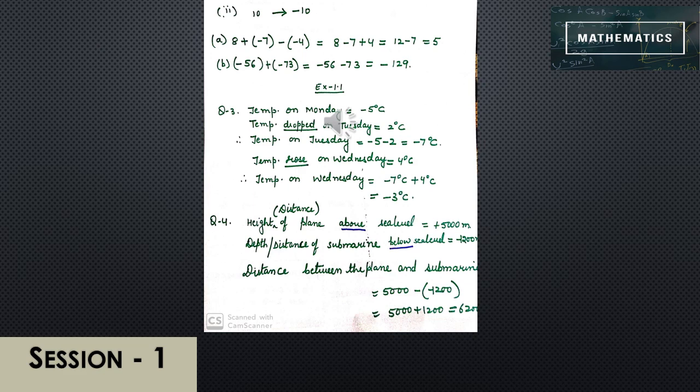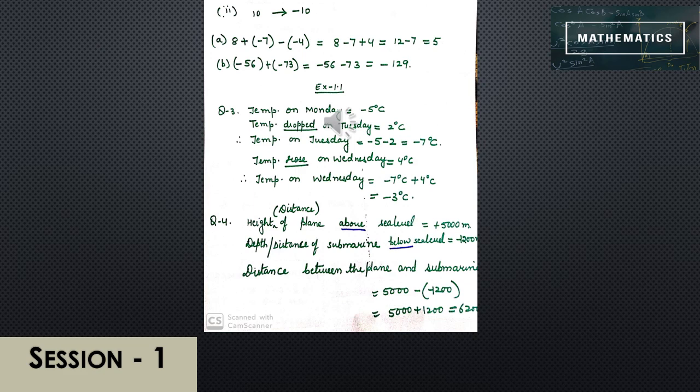Dropped means negative and rose means positive. If the temperature is dropping, then it will become negative, and if the temperature is rising, then it will become positive. The temperature dropped on Tuesday by 2 degrees Celsius.